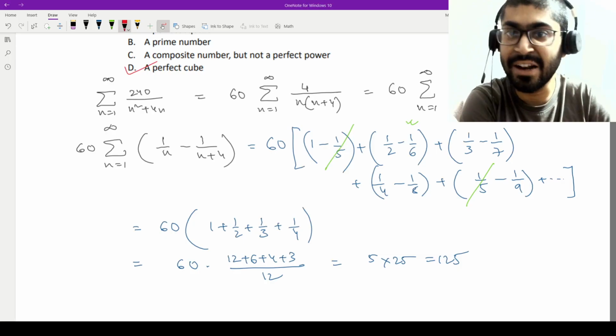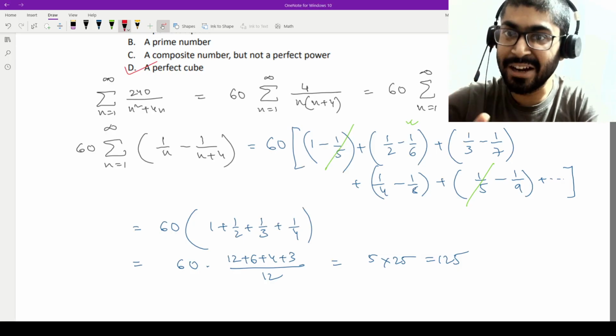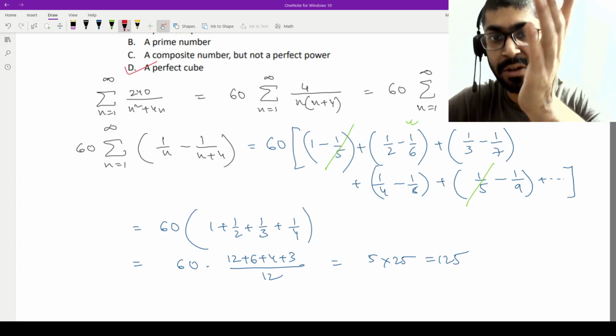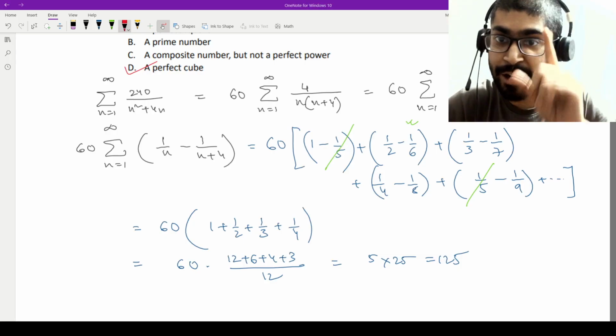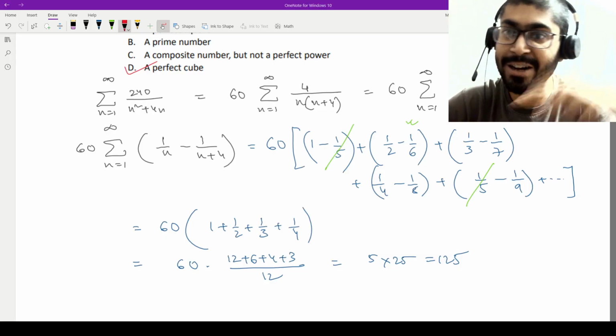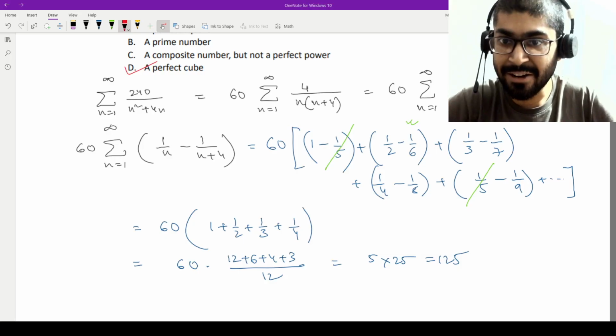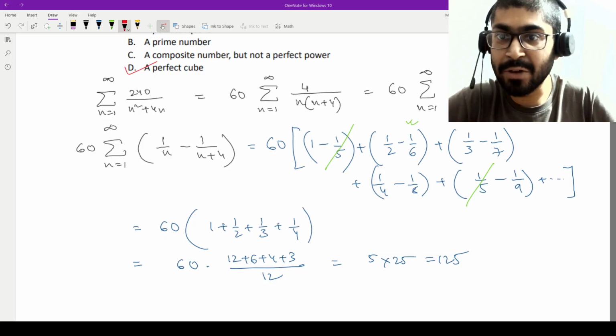And since you are going till infinity, you will not have a certain end point, right? Because let's say we went up to the 5th term itself, then you see only 1 term cancelled and 4 other terms remained, right? So if you keep going on towards the end, towards infinity, then what will happen?